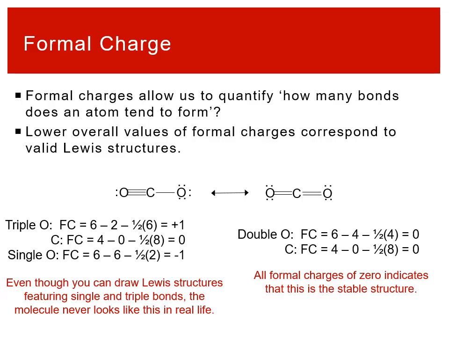But because it has these non-zero formal charges, this bonding pattern is not reflective of the real molecule. A real carbon dioxide molecule is not characterized by any sort of triple bonding character on one side and single bonding on the other side. It is instead purely double bonded across.